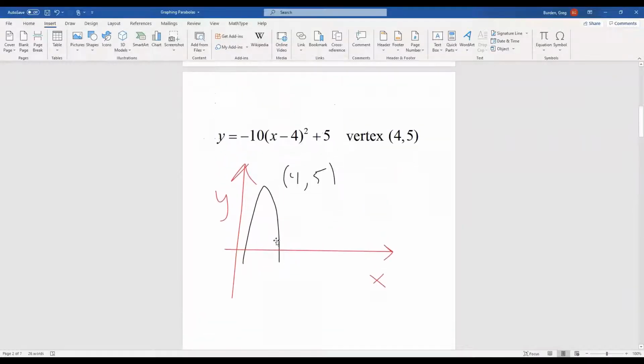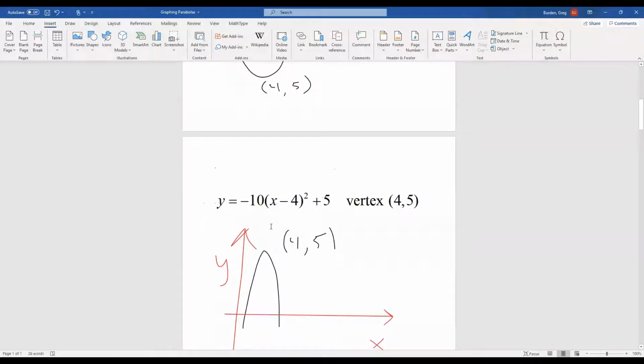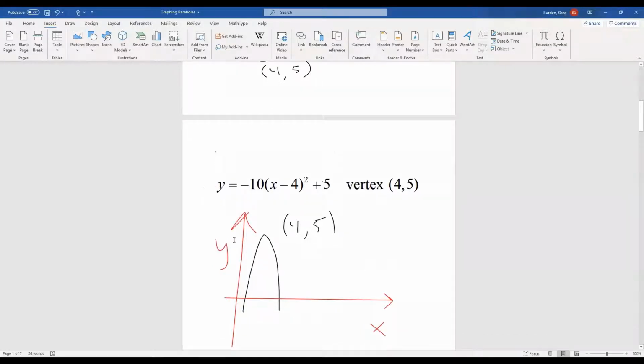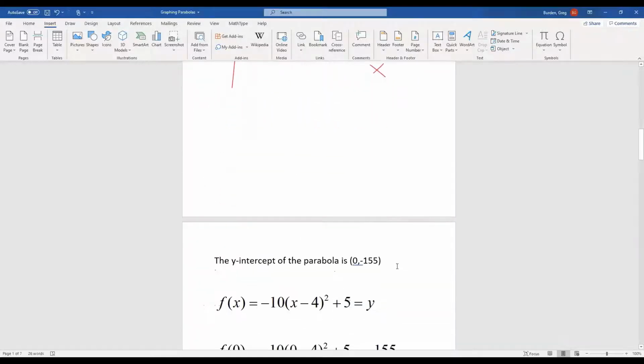But it would definitely look narrower if you're plotting, say, negative square of x minus 4 plus 5 on the same coordinate system as negative 10 times the square of x minus 4, plus 5. This one is narrow, the other one would be wider or shorter, depending on your point of view. Well, it wouldn't be shorter because it's going to still go up to 5, but go ahead and graph both of them. Take a look at them. You'll understand what I'm talking about if it's not clear.